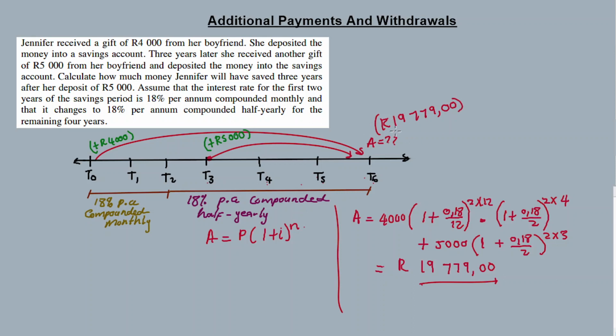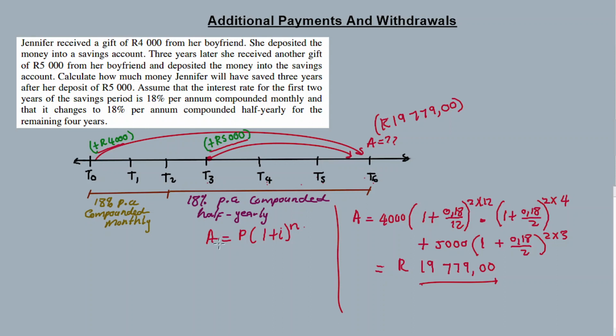She got this much. This money she was saving all along. She started with 4,000 rand and added 5,000 rand over a 6-year period.